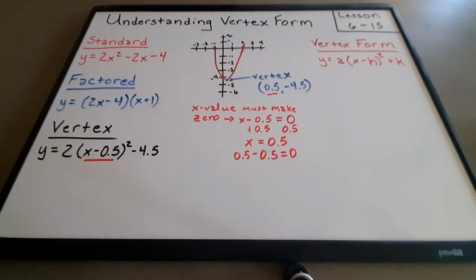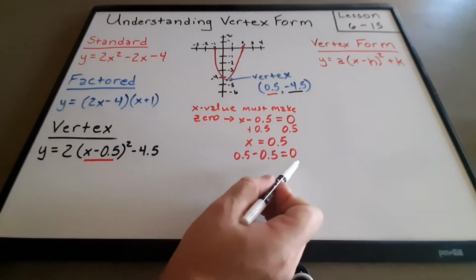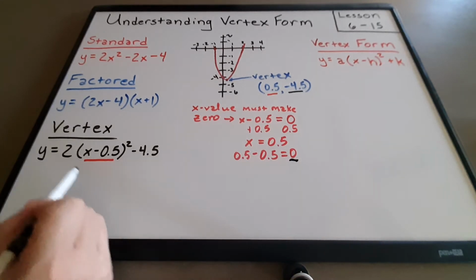So now we want to make a connection on where the y value comes from. This -4.5. So to fully understand that, all you have to do is literally plug your 0.5 into this problem. Well, we already know that when we plug it in, we're going to get 0.